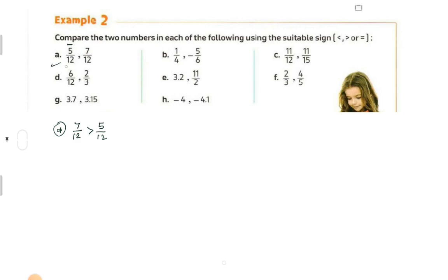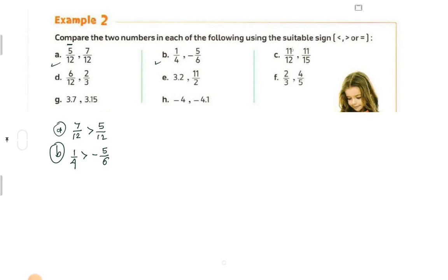B, it's 1 over 4 and negative 5 over 6. Of course, positive is greater than negative. So B, any positive is greater than any negative rational number. Okay. C, 11 over 12 and 11 over 15.